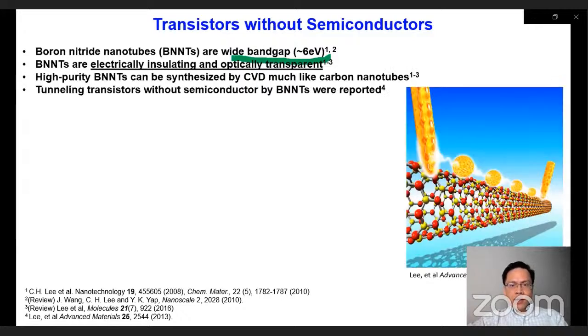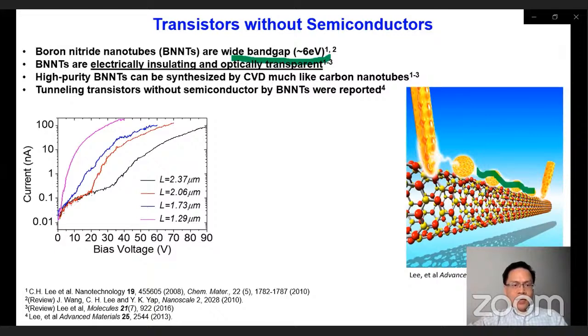By doing so, we are depositing gold nanoparticles on the surface of boron nitride nanotubes, and then we probe using two pieces of STM probe the electronic transport across the surface of these boron nitride nanotubes.